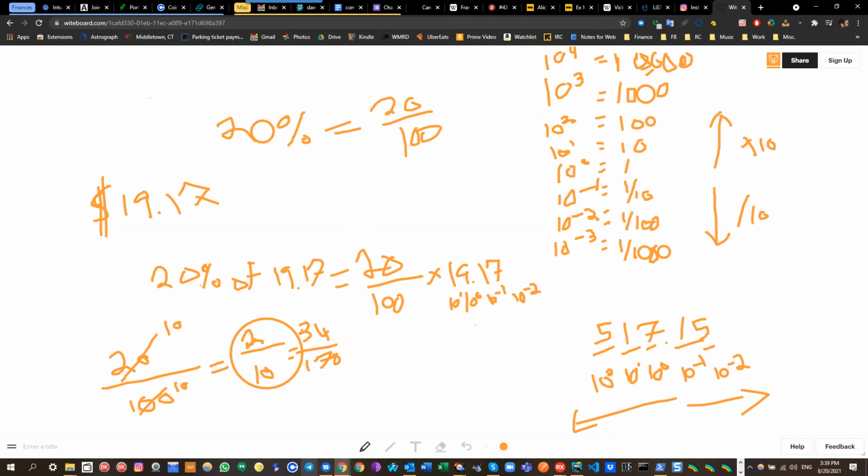Now when I divide this number by 10, I'm going to subtract 1 from each of these exponents. So it's going to become 10 to the 0th, and 10 to the negative 1, and 10 to the negative 2, and 10 to the negative 3. My handwriting is terrible and I'm so sorry. So what that basically means is I'm going to be left with 1.917.